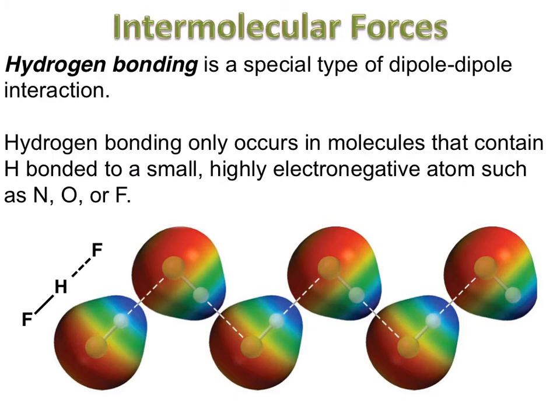Hydrogen bonding is a special type of dipole-dipole interaction. Hydrogen bonding only occurs in a molecule that contains small, highly electronegative atoms such as nitrogen, oxygen, and fluorine. Hydrogen bonding is a type of van der Waals force. However, it can also occur in mixtures as well as in pure substances.